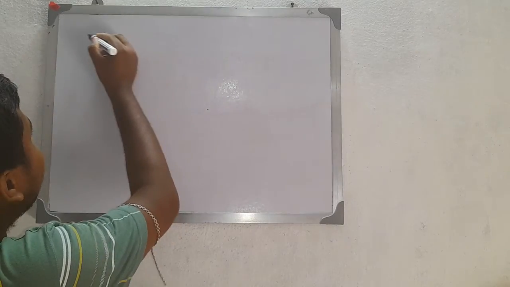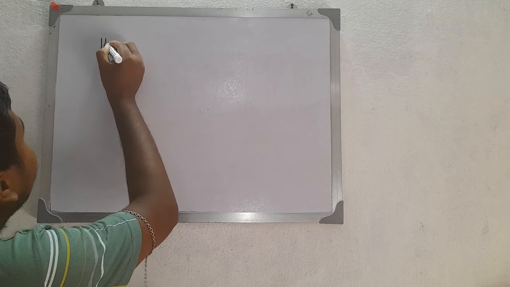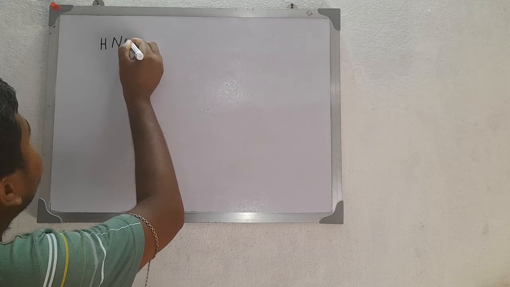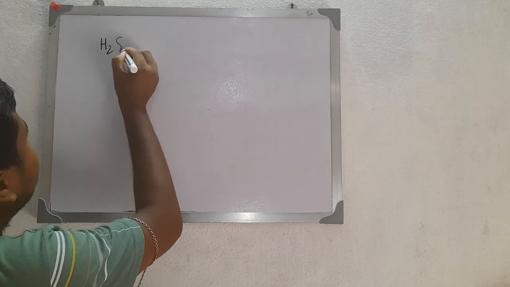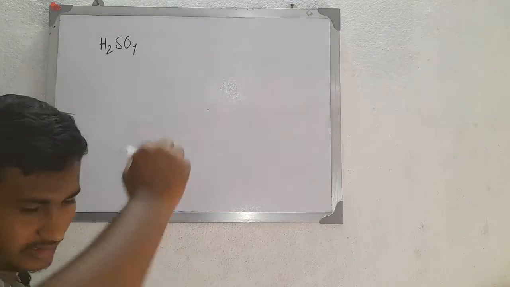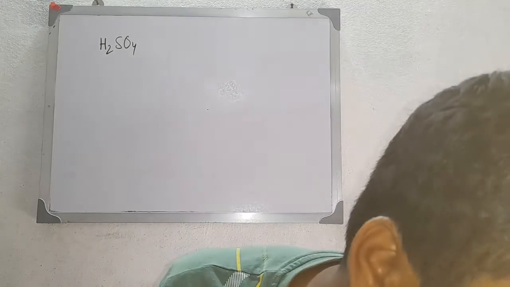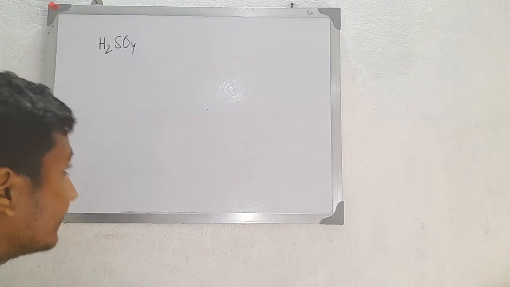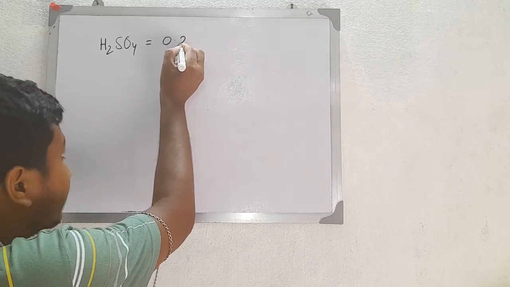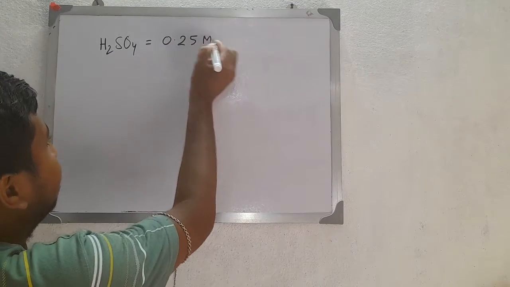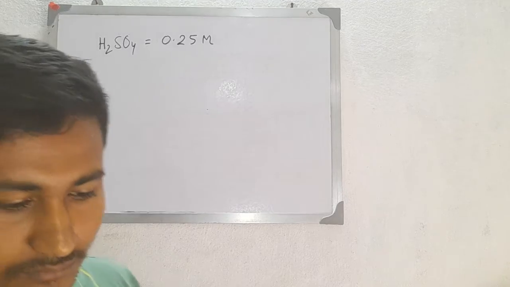Let us take H2SO4, and the concentration of this H2SO4 equals 0.25 M. Now calculate the pH of this solution.